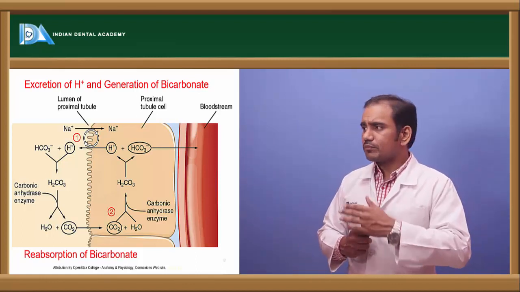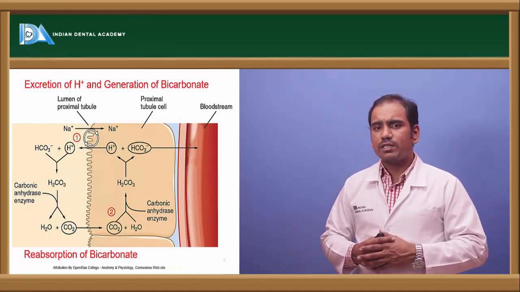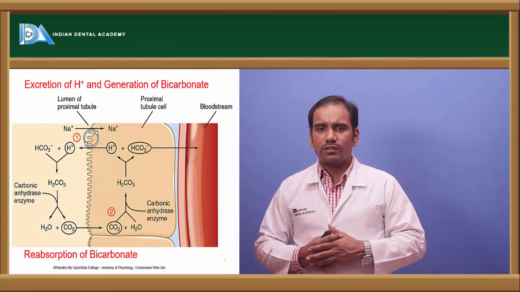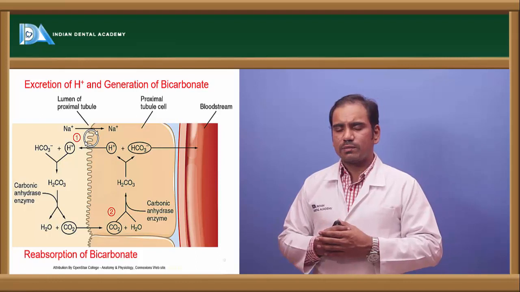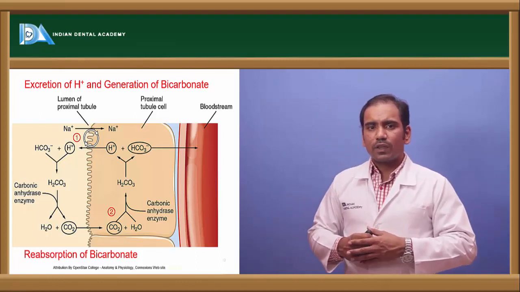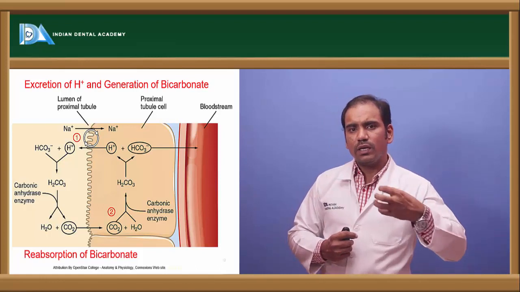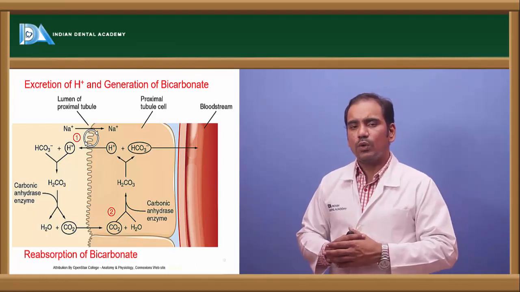So there is generation of bicarbonate also. So what happens in this generation of bicarbonate? Sodium bicarbonate is a source for the sodium ions. Sodium ions enter into the PCT cell in exchange for the H plus ions which are excreted into the lumen.